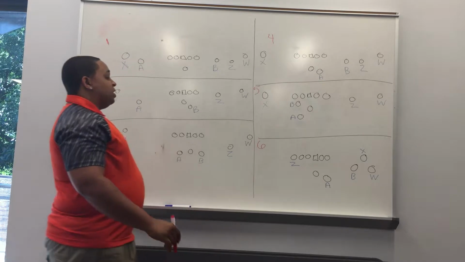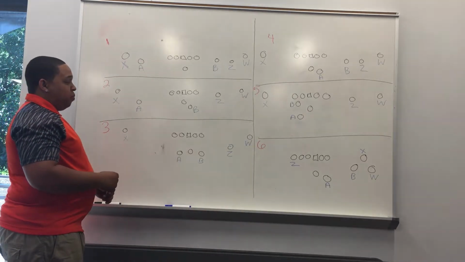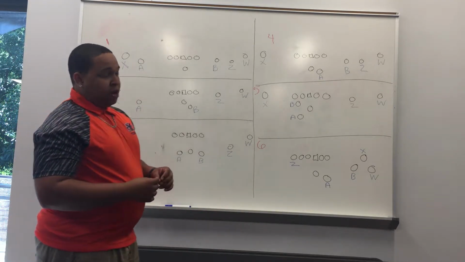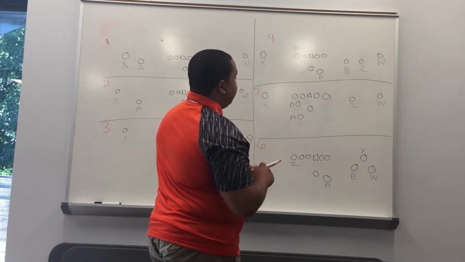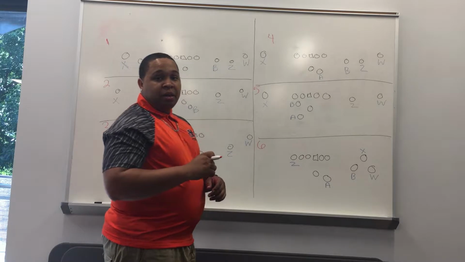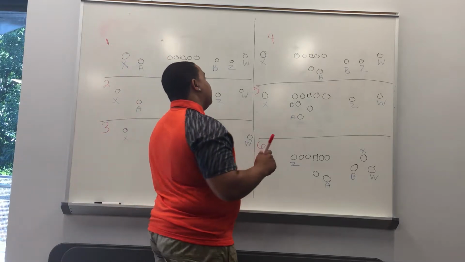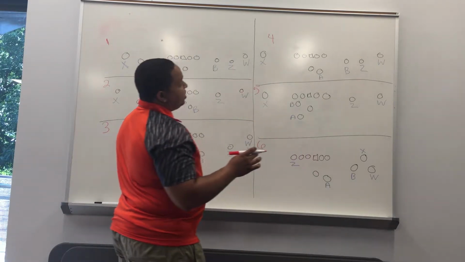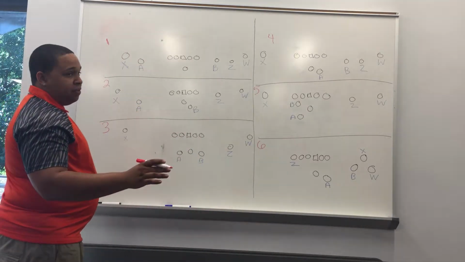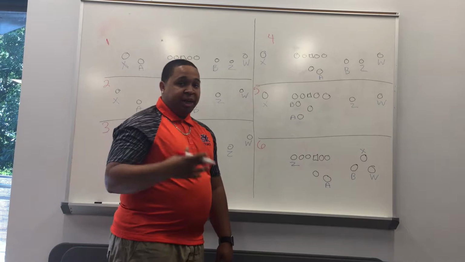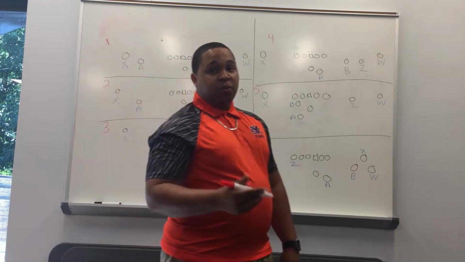Now, one of the things we want to remember is that when we're on the field, we always want to have the dominant receiver side to the open side of the field. Anytime we want the 3 receiver or 2 receiver side to the closed side of the field, that call will come from me. I will tell you when we want to do that.